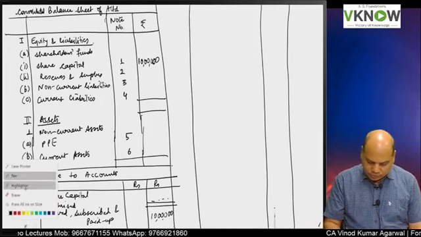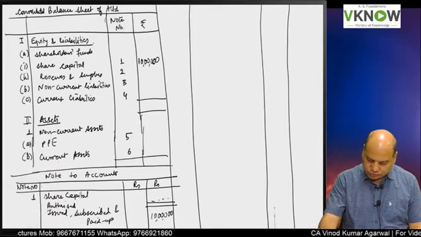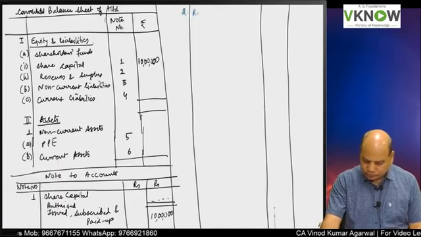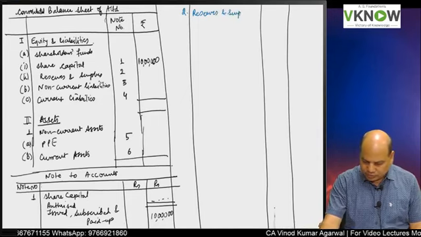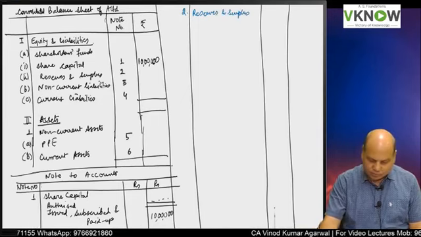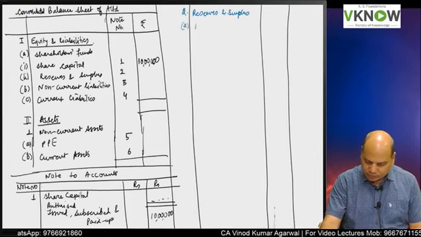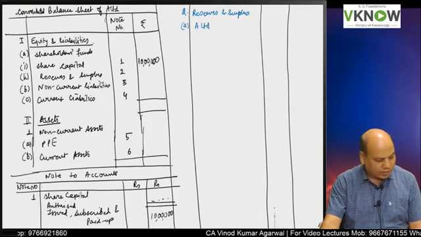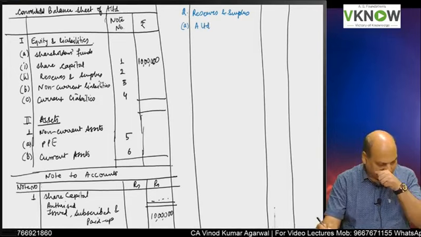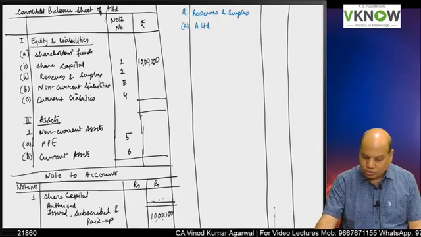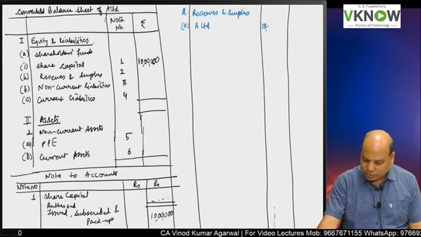Now write down note number 2. Reserves and surplus. Under that you write down A Limited's own reserve. A Limited's own reserve is 18 lakh.